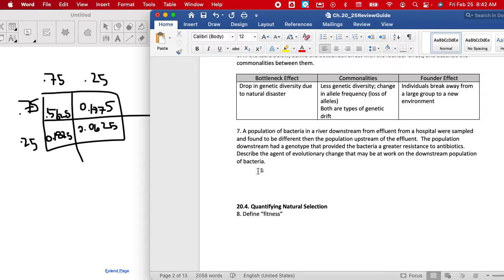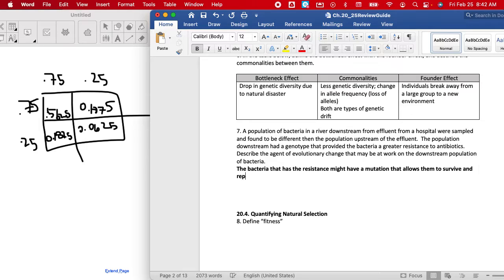So the bacteria, I'm going to put this in bold so you can see. The bacteria might have a mutation that allows them to survive and reproduce.